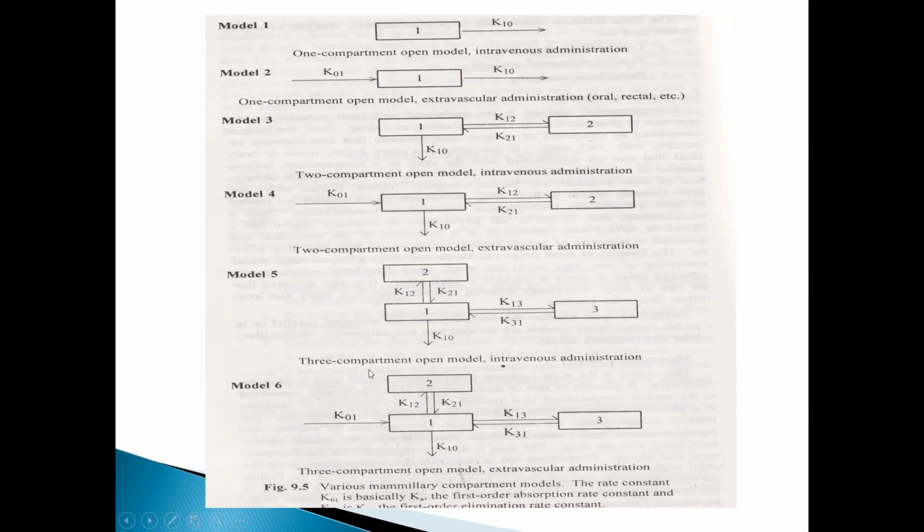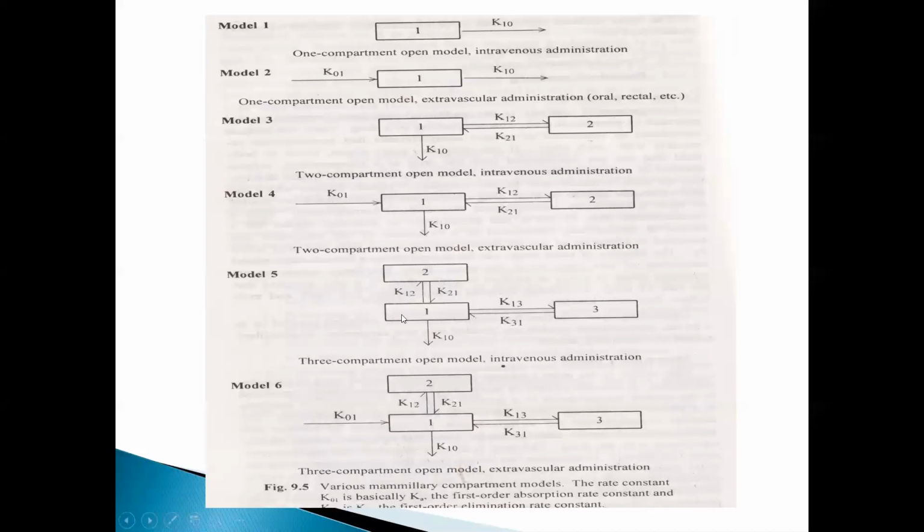Why do you call it 3-compartment? There are 3 compartments, the central compartment and 2 peripheral compartments. So it is described by 1 central compartment and 2 peripheral compartments. Their numbers are given, 1 for the central compartment, 2 and 3 for the peripheral compartments.